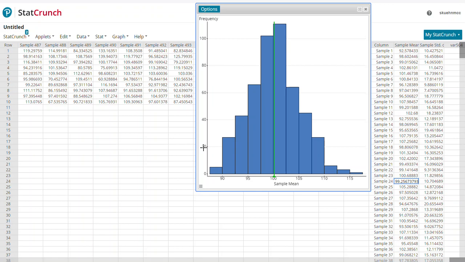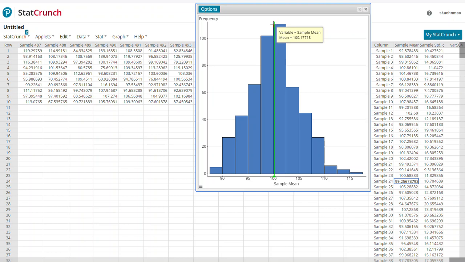And we also notice, because we got the shape now of my sampling distribution, the center of that sampling distribution is going to be the mean of all 500 of these samples. So the mean of all 500 of these samples ends up being 100.17.